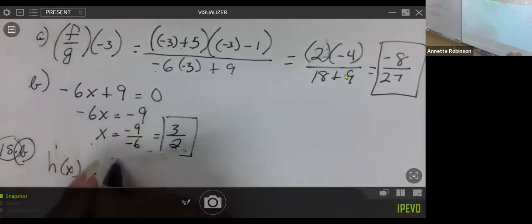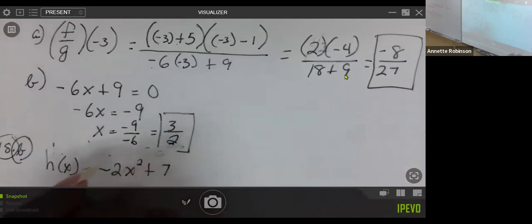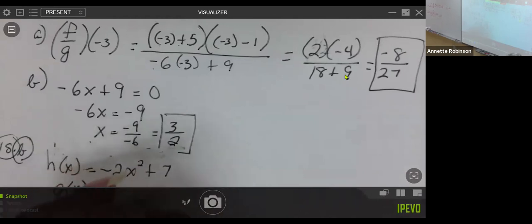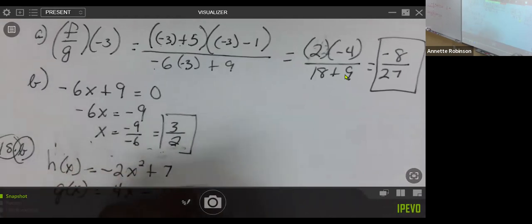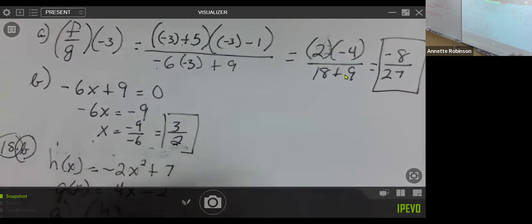Negative 2x squared plus 7. g of x is 4x minus 2. The function asked you in part A is find h over g of negative 4, folks.